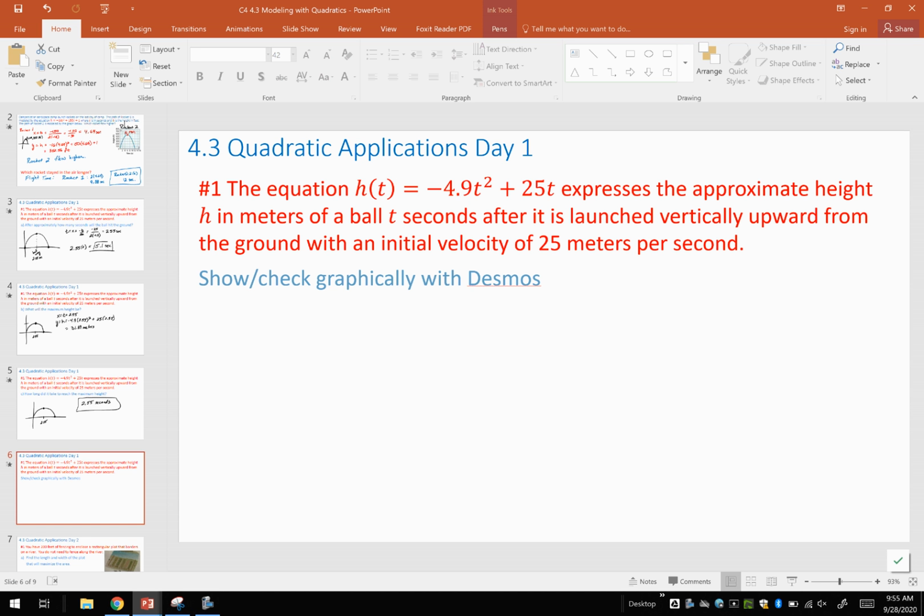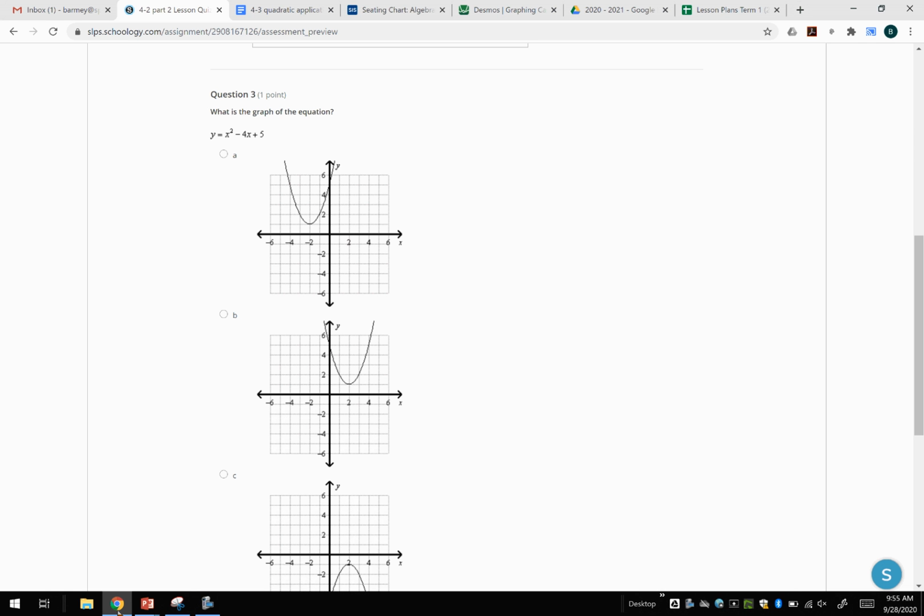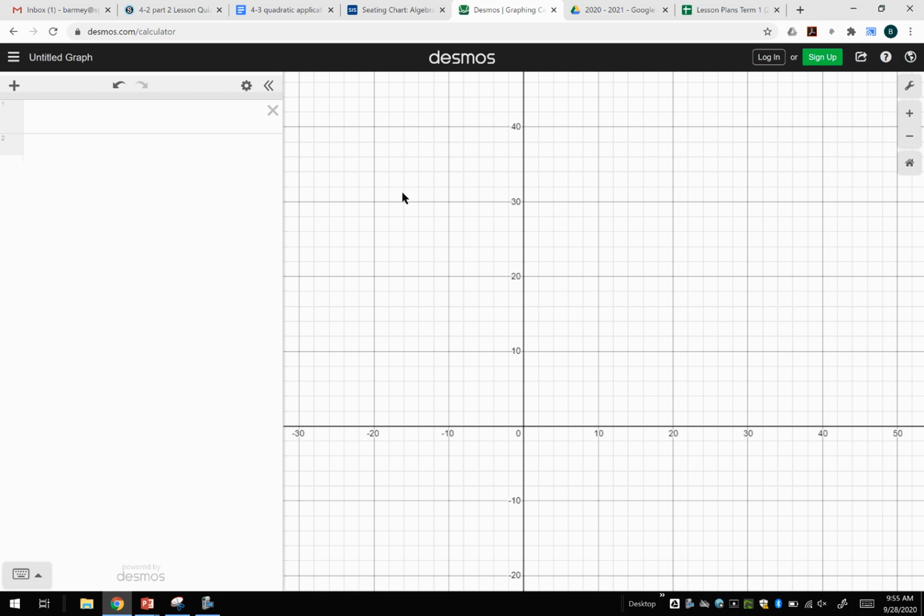You can open up your Chromebooks right now. Let's everybody go to desmos.com. We go into Desmos and want to go into the graphing page. In the left column, we'll put our function in. In Desmos, you have to do it in x's and y's.